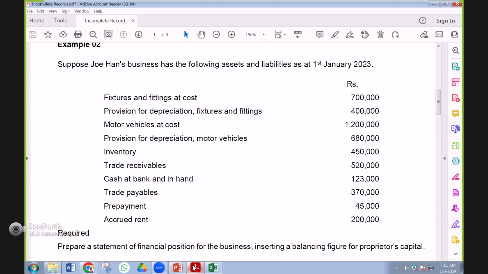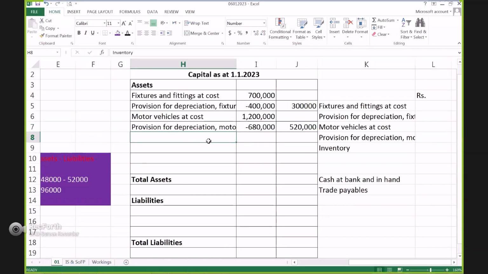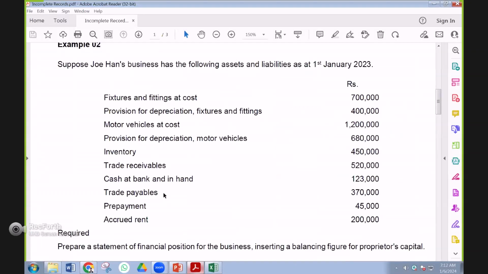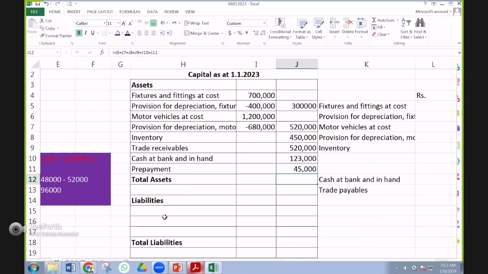Then inventory. Inventory is the asset, trade receivable also assets, the cash at bank in hand also assets. So those are the things that come under the assets, and also prepayment. Prepayment also given. So you have to find out other things. The trade payable, accrued rent. These are the liabilities.